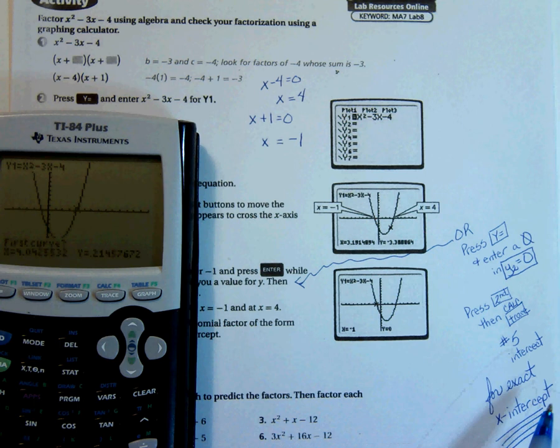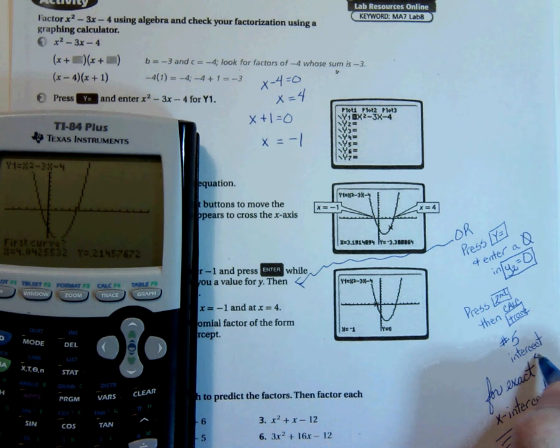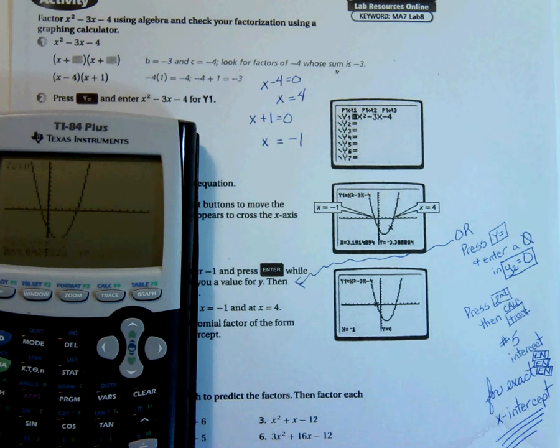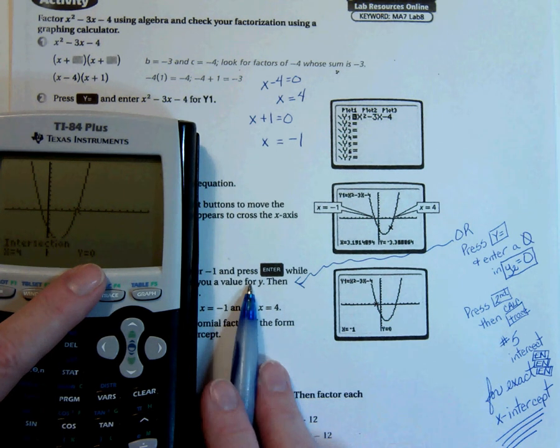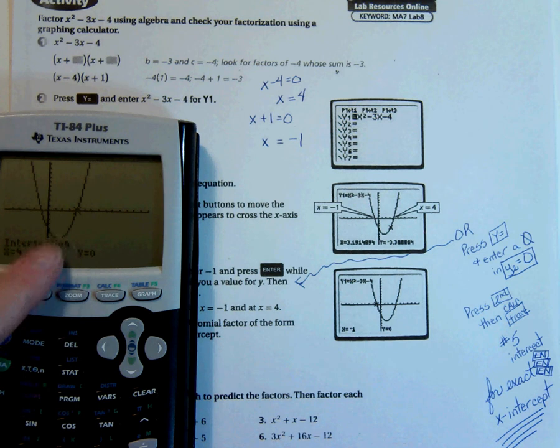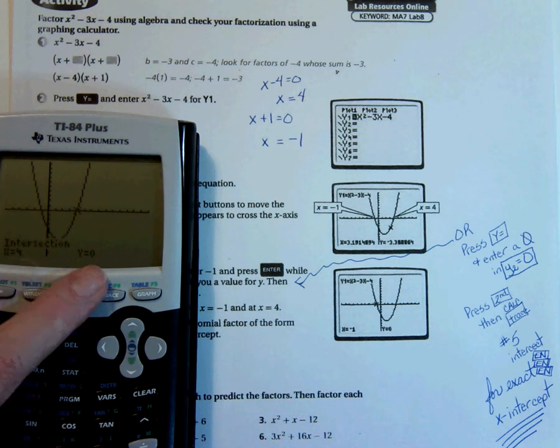For the intersect, you're going to hit enter 3 times. It's quite useful, and this is more exact than just following along like example number 5 said to do. Where x is 4, your y is 0.